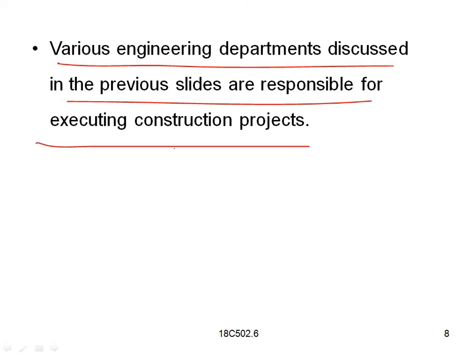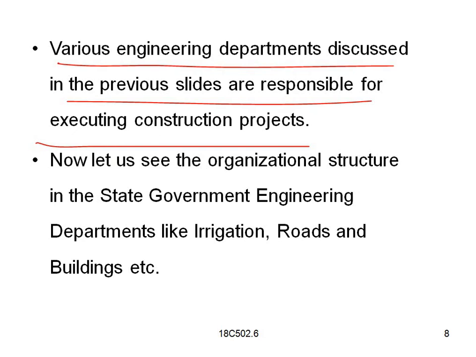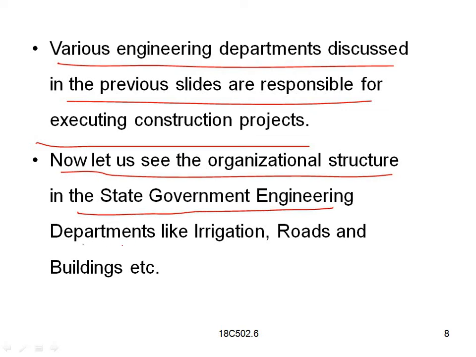So up to now what we have seen, the various engineering departments are useful for executing construction projects only. So now let us see the organizational structure in the state government engineering departments like irrigation, roads and buildings, etc. So now let us see the flow chart and how it will be followed one by one in the organized structure in the state government. Let us see.